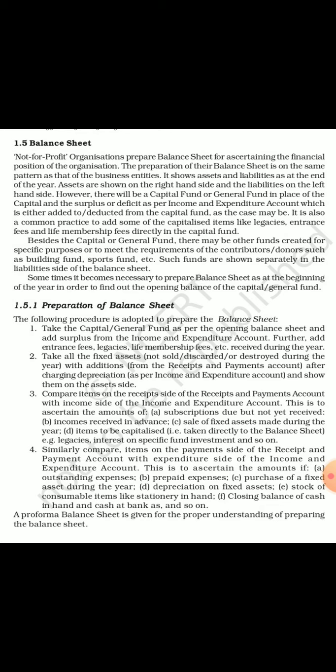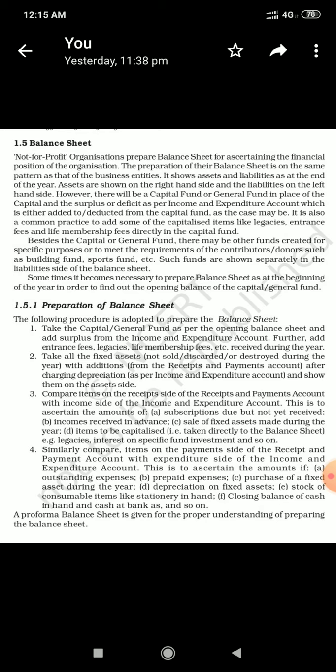Then this capital fund is transferred to the closing balance sheet, and the closing balance sheet starts with this capital fund. Okay, clear? We find that capital fund by making one more balance sheet, the opening balance sheet, and that capital fund is transferred to the closing balance sheet.